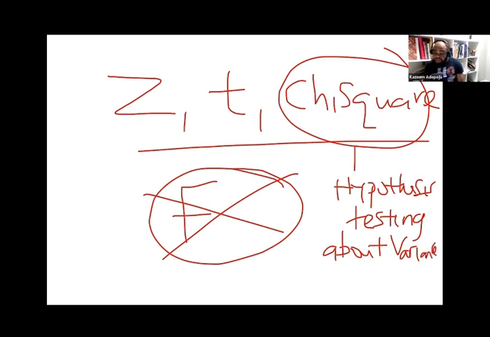That is the reason why you need a chi-square table. The Z and the T, of course, those are predominant. You need them for hypothesis testing of mean and proportions, for one population, for two populations. Anything that has to do with the mean and proportion, you need all of that.